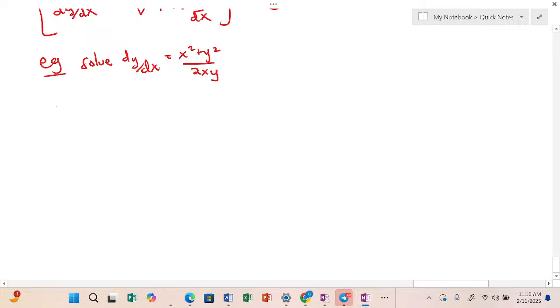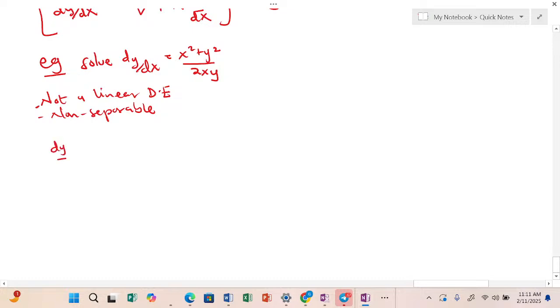So clearly we can see that this differential equation is not linear, and this cannot be separated, it is non-separable. So now that it is non-separable, is this homogeneous?